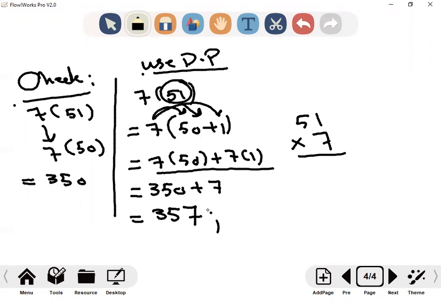Any expression with 357 should be correct. E is correct. 7 by 50 and 7 by 1. What's the answer of it? They wrote the answer beside it, which is our answer, 357, right?